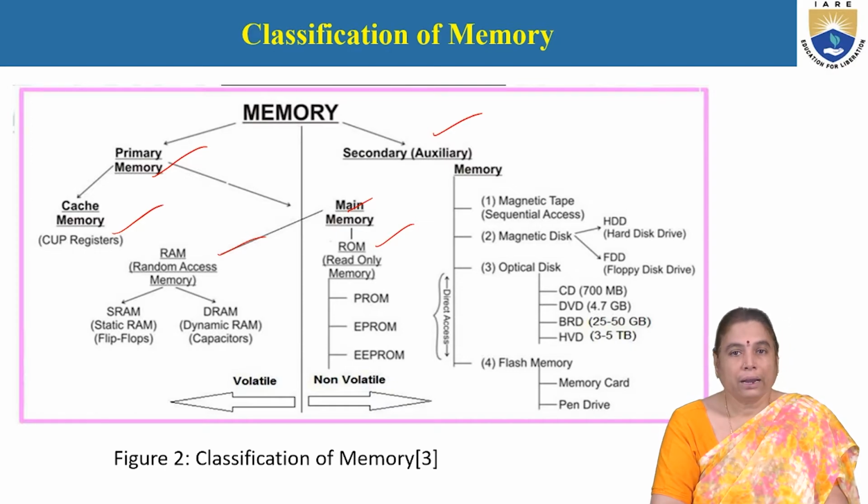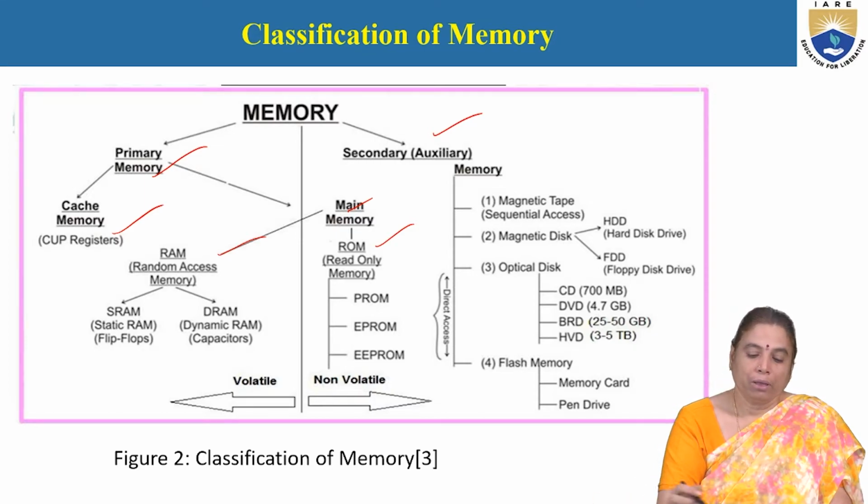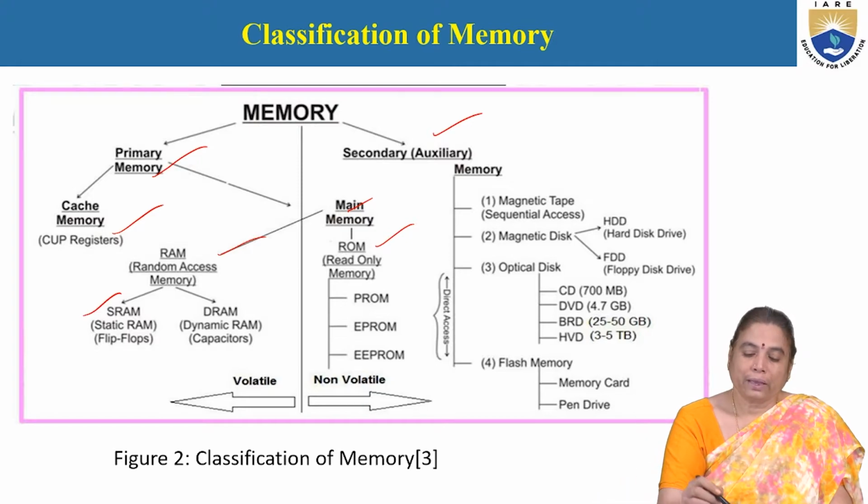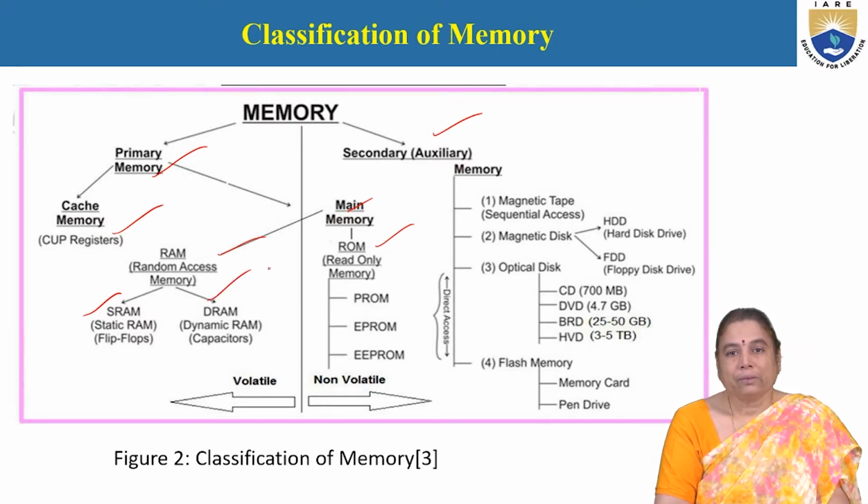That means the content of the memory can get erased whenever a power interruption occurs. There are two categories of RAM. One is static RAM, which can be constructed with the electronic element of flip-flop. The second category is DRAM, dynamic RAM, which is constructed with the electronic element capacitor.